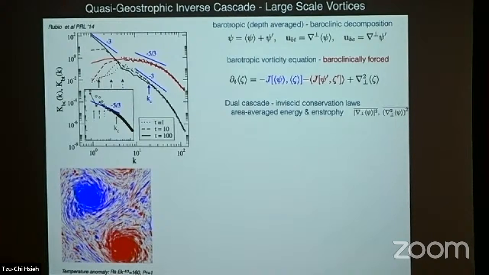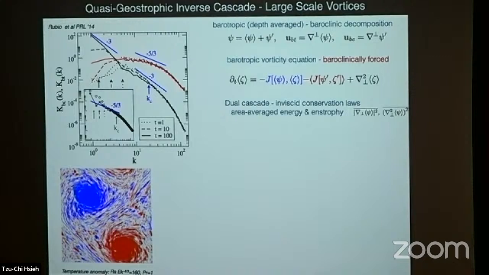The forcing scale here, I put some things to guide. It's not exact, this is not an ideal case. The forcing occurs across a range of scales, and the dissipation occurs across a range of scales. So in this case it's really hard to build a true inertial range, but you can see signatures of what we expect from 2D dynamics. You've got a -3 slope, which is the entropy cascade.